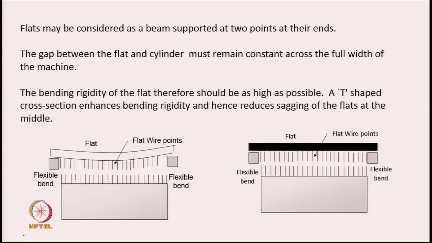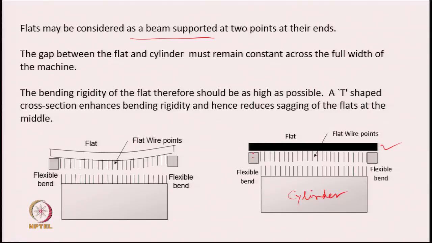The other important thing about flat is the flats may be considered as a beam supported at 2 points at their ends. So, here we see it, this is the flat, this is the flexible band, and here the cylinder is there. So, this is our cylinder. And the wire points of the flats and the wire points of the cylinder, you can see there is a small gap between them.